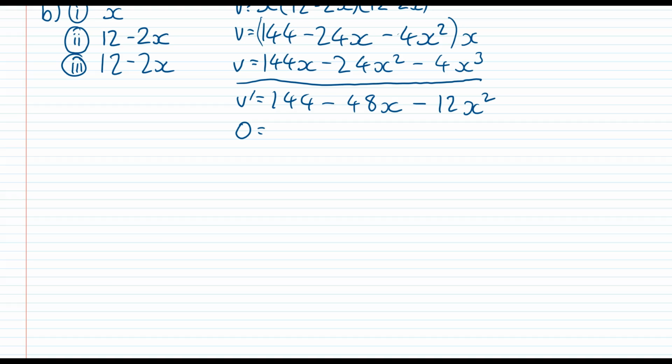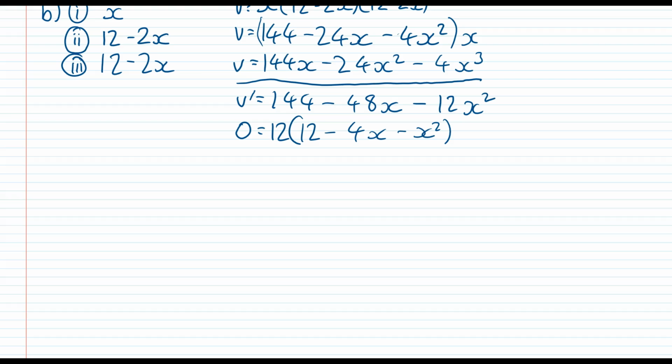Okay, I'm going to divide everything by 12 just to take out the highest common factor. So it's 12 outside of 12 minus 4x minus x squared.